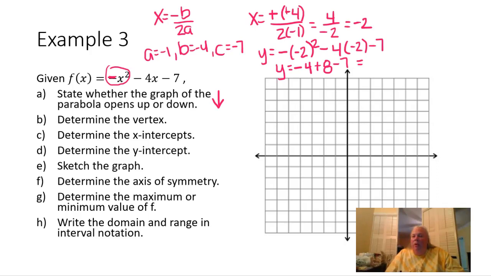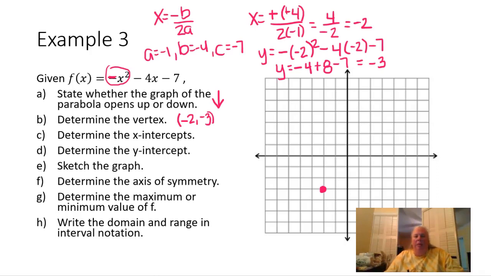Let's see, -4 plus 8 is +4. +4 minus 7 is going to give us -3, so it looks like our vertex is going to be at (-2, -3). And we can actually go ahead and plot that in here. And we know it's going to be opening down.